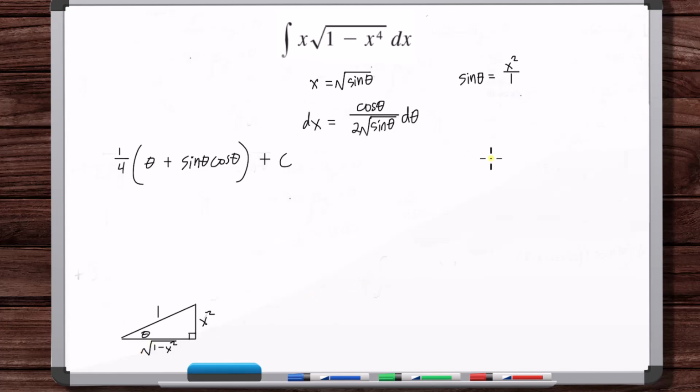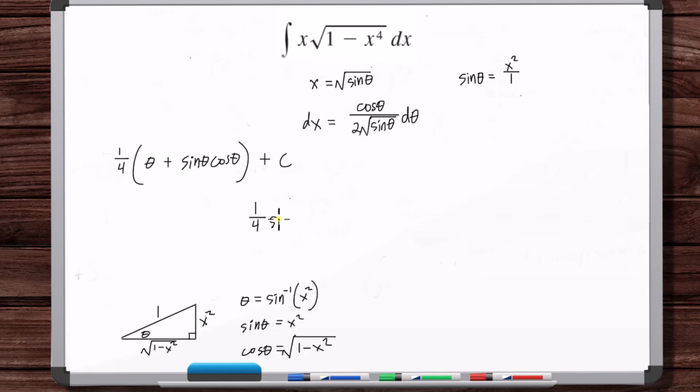Theta is equal to inverse sine x squared. Sine theta is equal to x squared. And then cosine theta is equal to adjacent over hypotenuse.